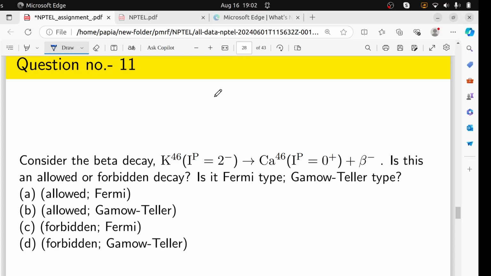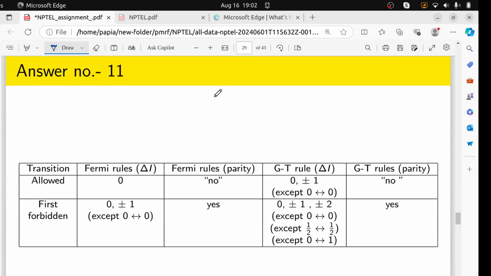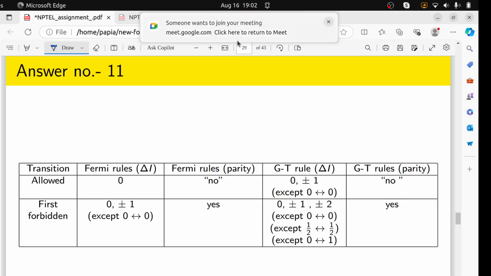Okay. So this is the table I have made here. It's a very simple small table. Transition in the first column: allowed transition or first forbidden transition. Obviously there are second forbidden and higher order forbidden also present.